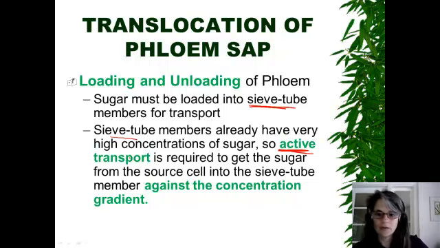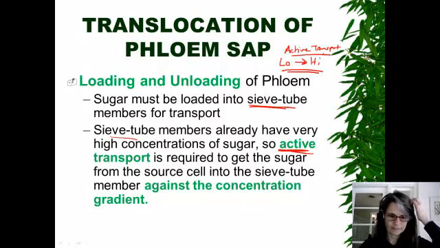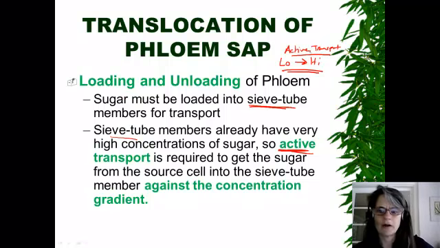So we're going to be going from low to high concentration. Remember, that is the definition of active transport. Now, we are going to move against the concentration gradient. This will require energy. Remember, our energy is always ATP.